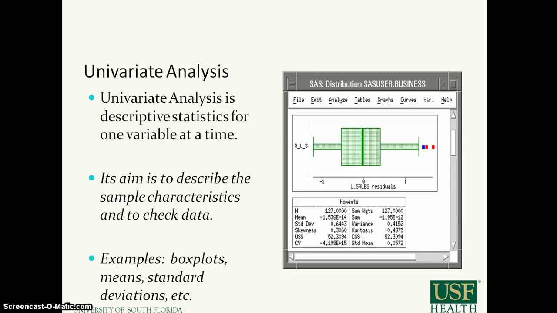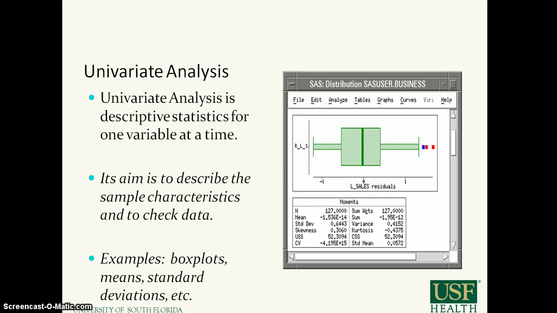So univariate analysis is what we call descriptive statistics for one variable at a time. Its aim is to describe the sample characteristics and to track data. So if we run univariate analysis, we just get all the descriptive statistics of each and every variable, and that gives us some idea about what the samples look like.